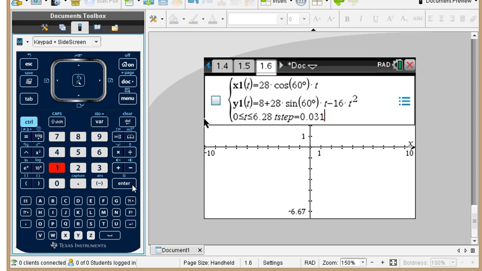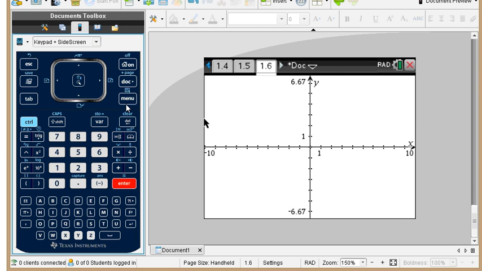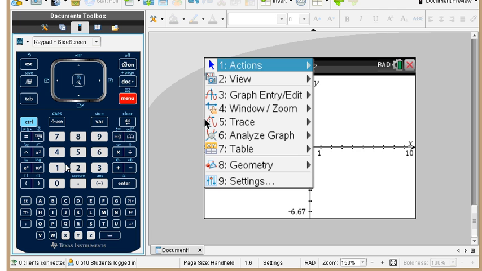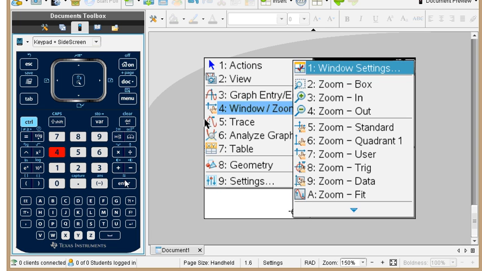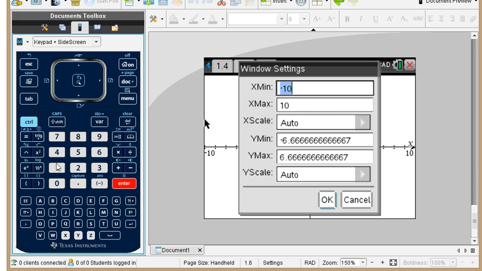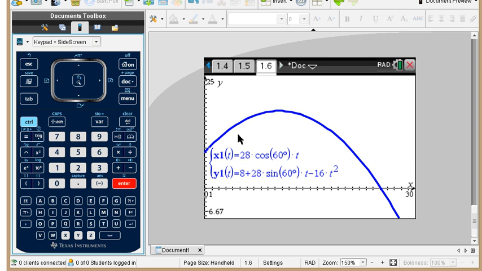And when I graph this, I don't see it initially, but I have to change the window. So if we go to window settings, we're going to go from x minimum of 0 to maximum of 30 feet for a 30-foot shot, and then y minimum we'll leave the same, and y maximum we'll put at 25, as in 25 feet. And then we press OK, and we see the arc of a basketball shot.